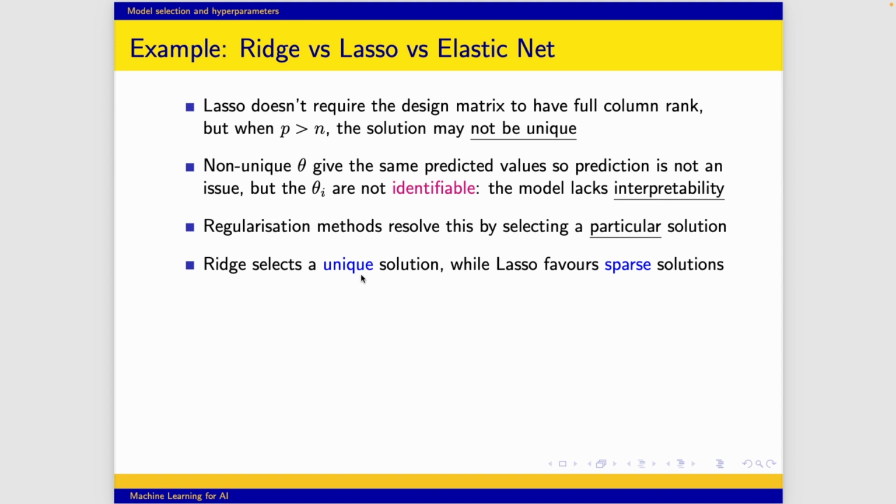By introducing a penalty, you turn what was a problem that did not have a unique solution into one which does have a unique solution. Lasso may not have a unique solution, but it favors sparse solutions. So it will select certain features and say those are the features that are most important because it will set many of them to zero or very near zero.